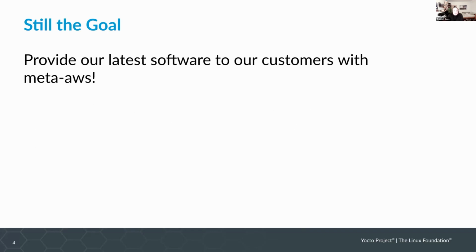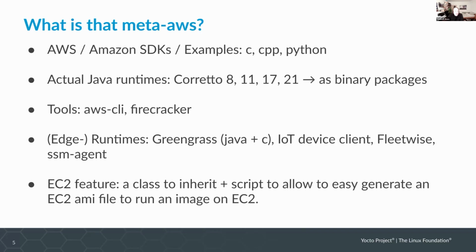So what's the goal? Still the goal is to provide our latest software to our customers with Meta AWS. What is Meta AWS? It's AWS, Amazon SDKs, examples in C, C++, Python. It's the actual Java runtimes for Java 8, 11, 17, 21 as binary package.